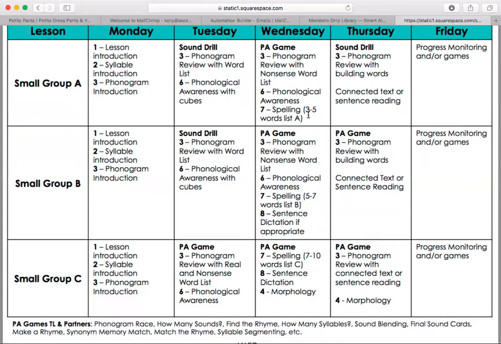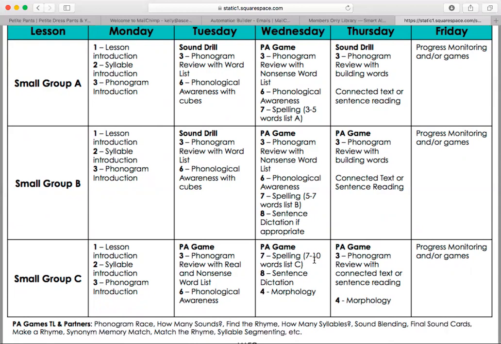And it will explicitly state that, for example, right here. For the spelling words on Wednesday that you're going to practice in this small group, you're going to only do 3 to 5 words on that day using list A. Whereas group B is doing 5 to 7 words from list B. And then group C, your above grade level learners, 7 to 10 words from list C.